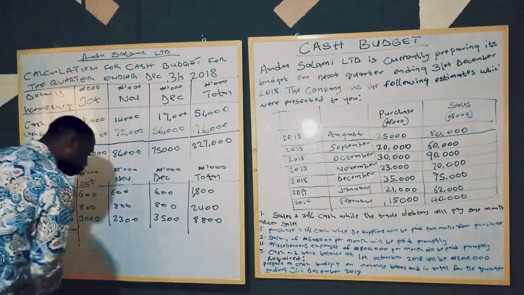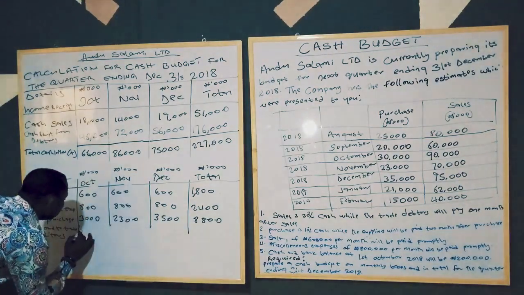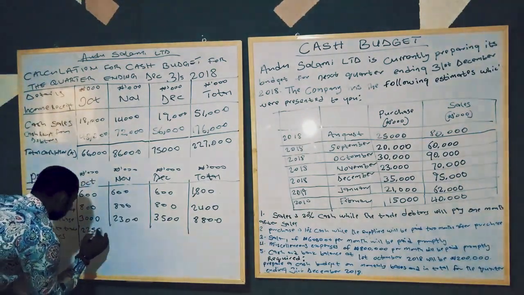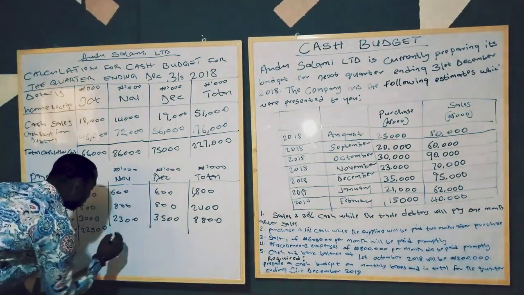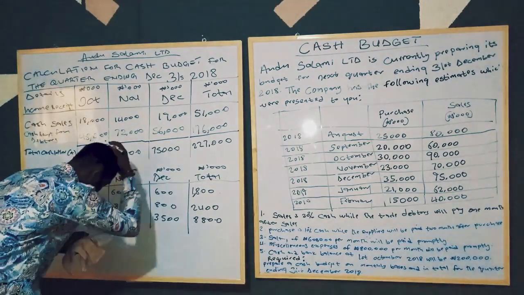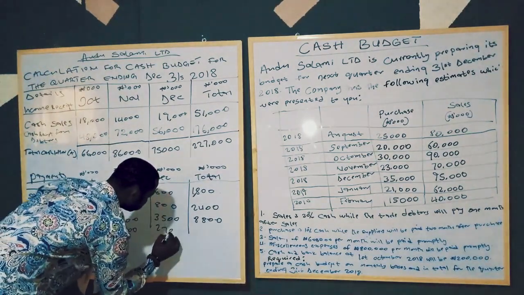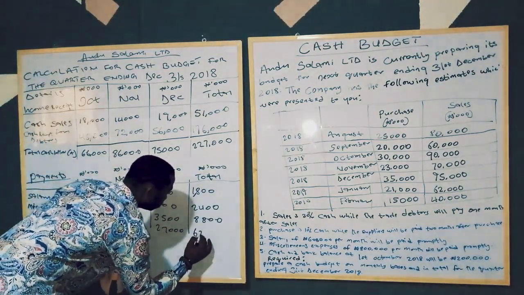Under this month we have 22,500. We have 18,000. We have 27,000. Then the total will be 67,500.